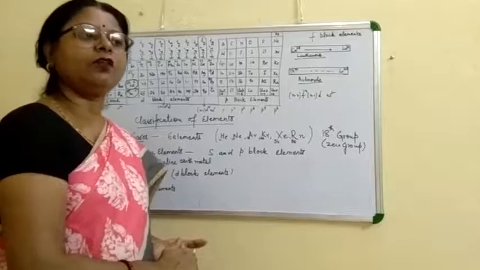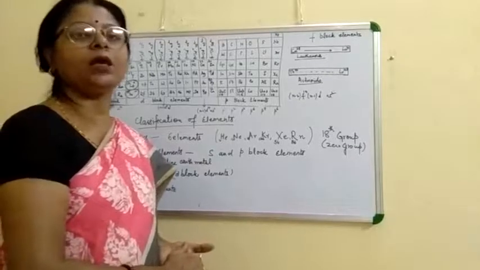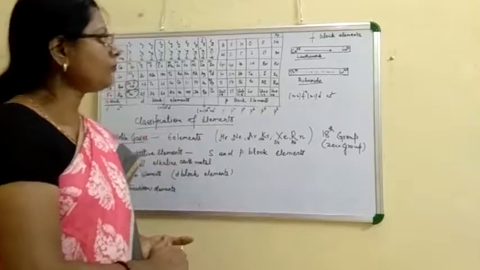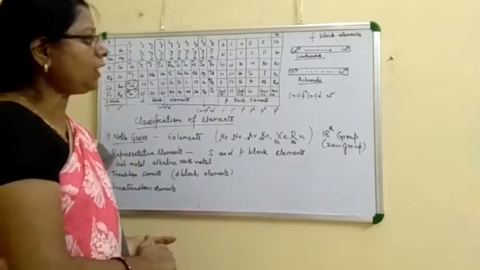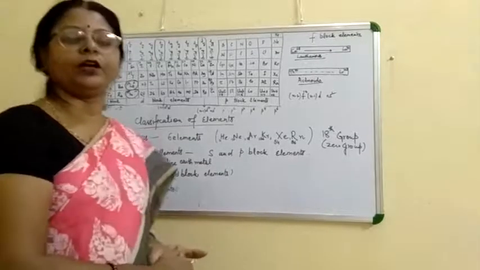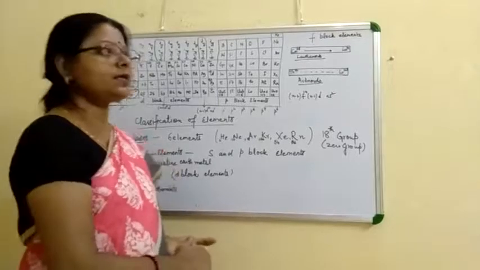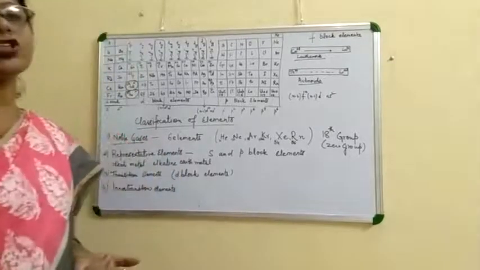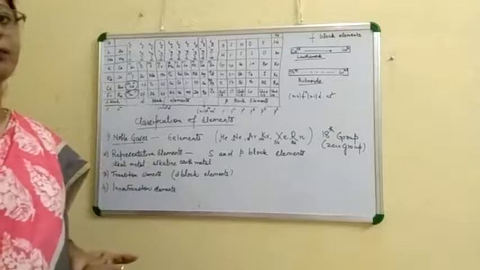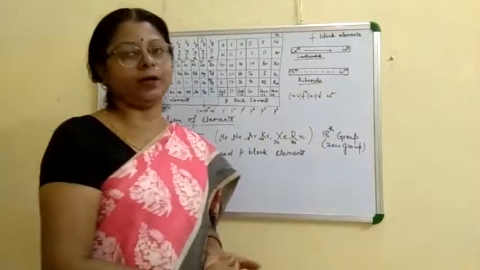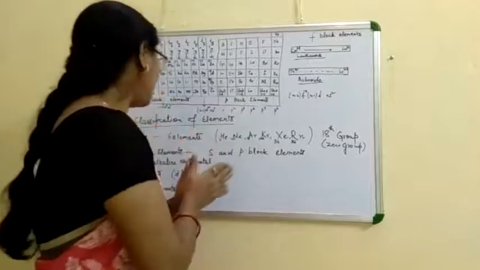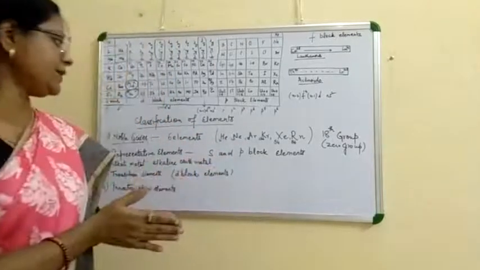The electronic configuration is ns2 np6. Except helium, all the others have the electronic configuration ns2 np6, and they are unreactive in nature because their octet is complete, or in case of helium the duplet structure is complete. So these elements are known as noble gases.